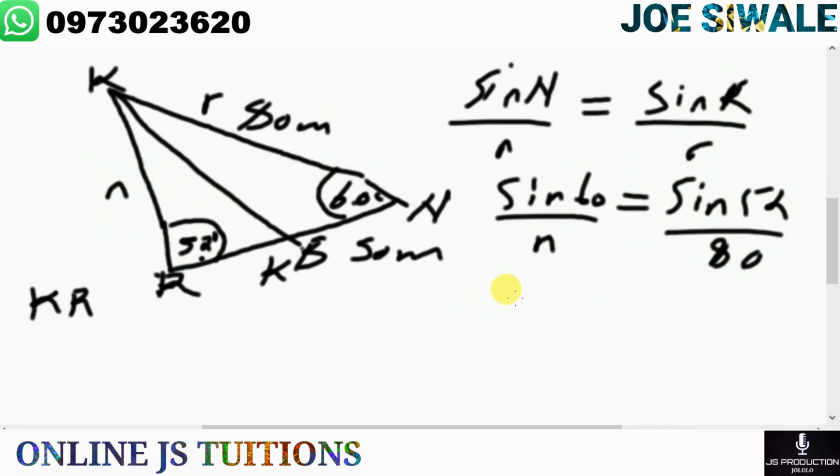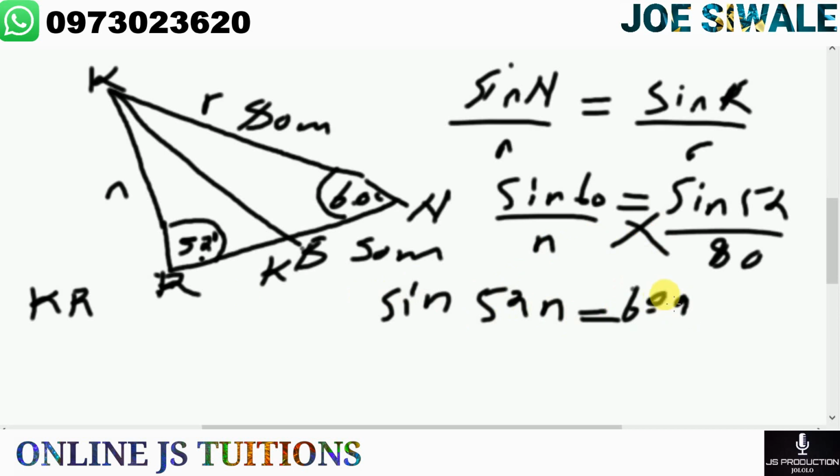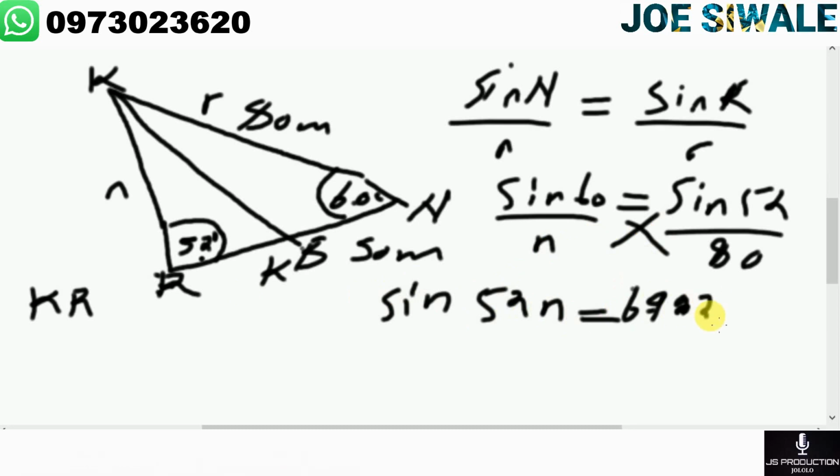So here N multiplied by sine 52, I'm going to have sine 52 N is equal to sine 60 multiplied by 80. I'm having 69.2820323.